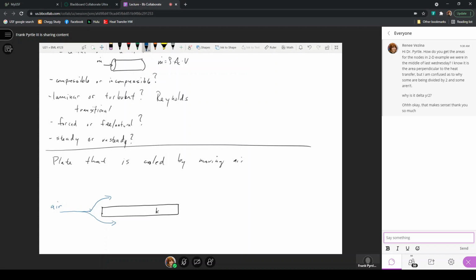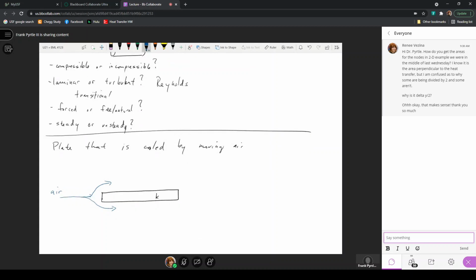The plate has measured temperatures, a T1 and a T2. So these are actually measured quantities, and the ambient temperature of the fluid is also being measured.